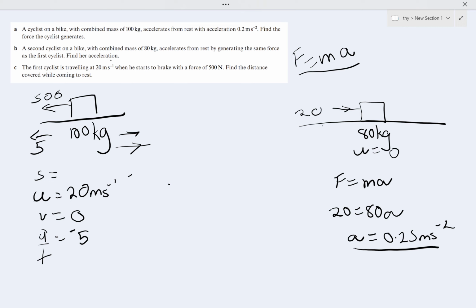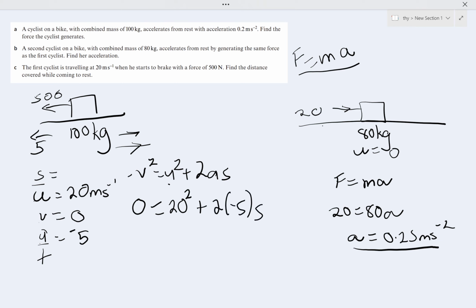So let's pick an equation to use. We have u, v, a, and we're looking for s, so I'm going to ignore t. That equation is v squared equals u squared plus 2as. So v squared is 0, the final speed we are looking for, equals the initial speed 20 squared, plus 2 times negative 5 times s.